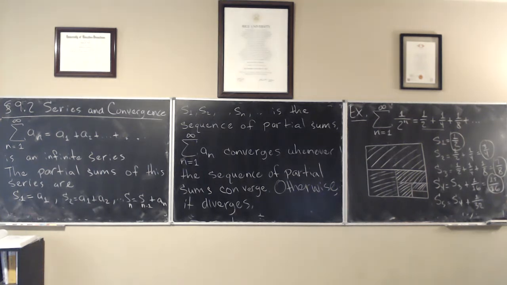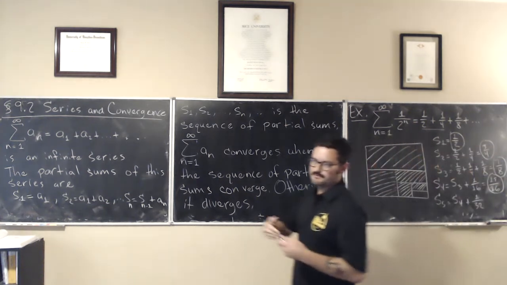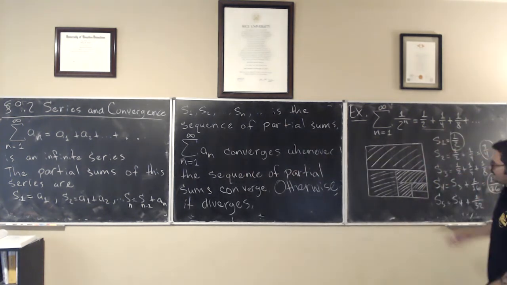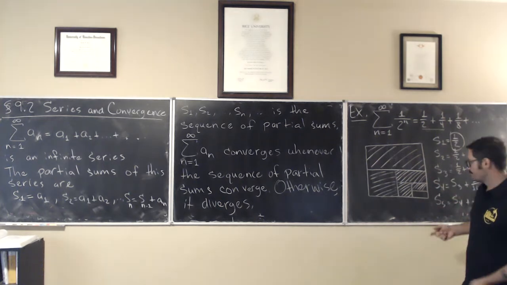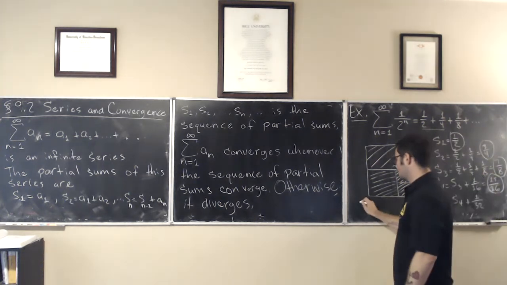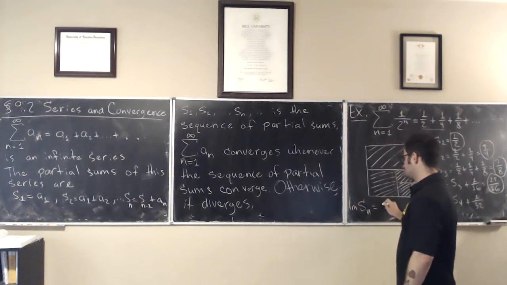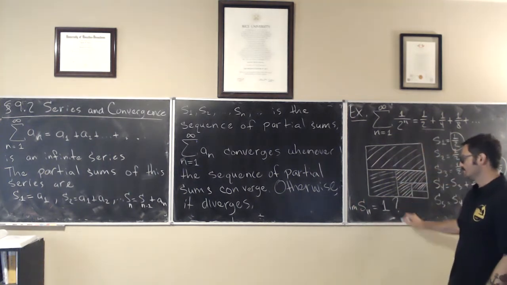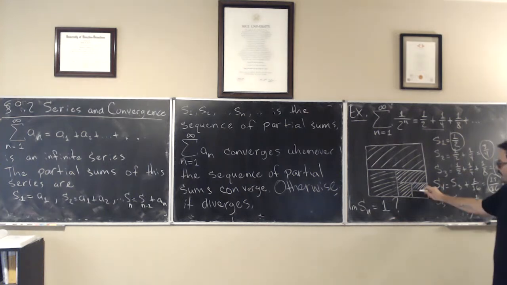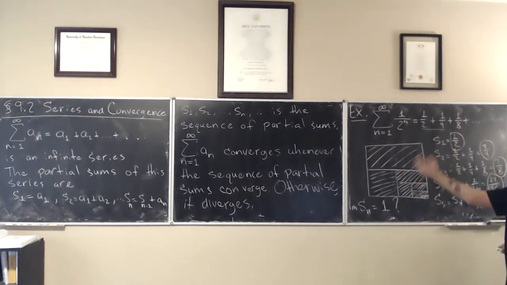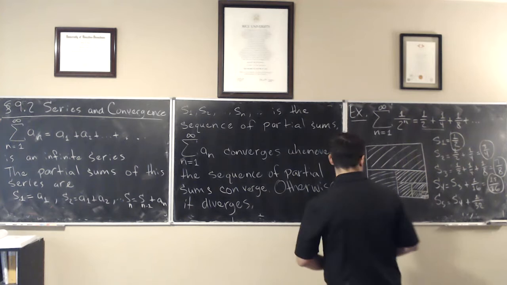Where is that sequence going? The sequence of partial sums we see here, we can interpret geometrically and see where it should be going. Visually, the limit of the partials should be 1, because it looks like it's going to fill the whole area, which has area 1.